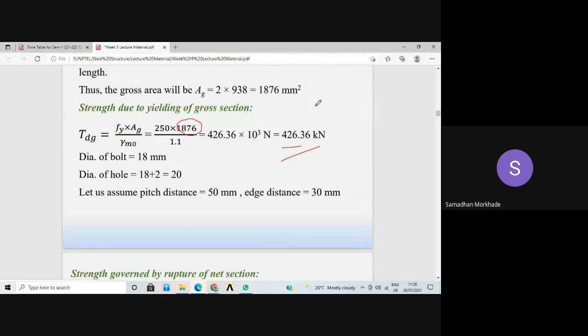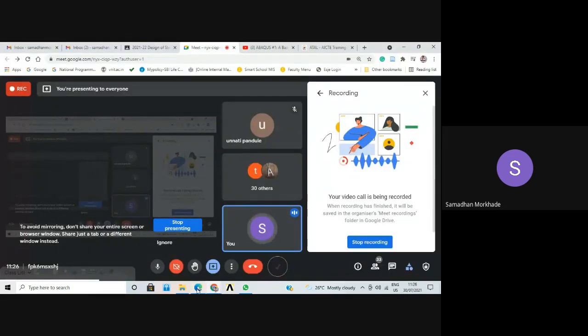All these properties are given in the IS code. No need to calculate. As a basic, we have already studied how to calculate the properties of sections in engineering mechanics, that is center of gravity and moment of inertia. So this is about the bolted connections.